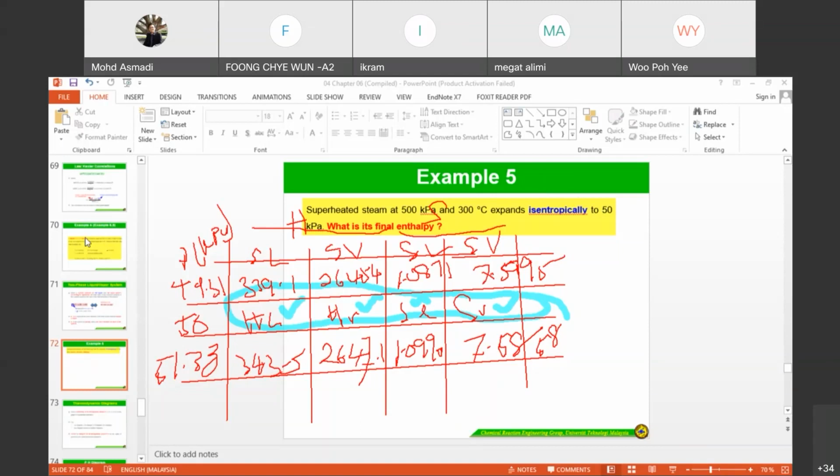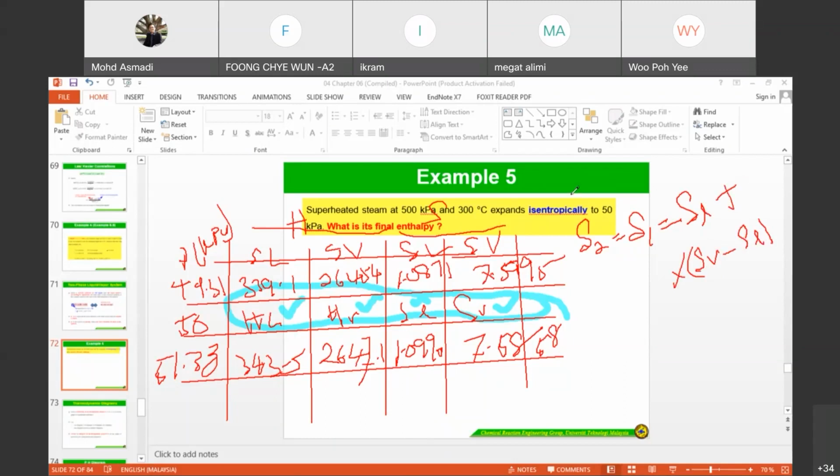So S2 equals S1 equals S liquid plus X times (S vapor minus S liquid).